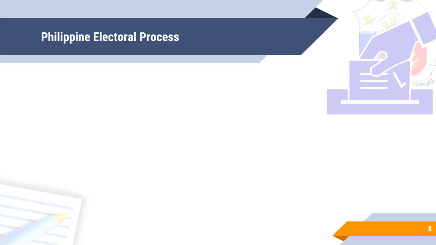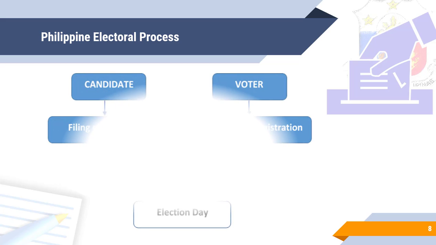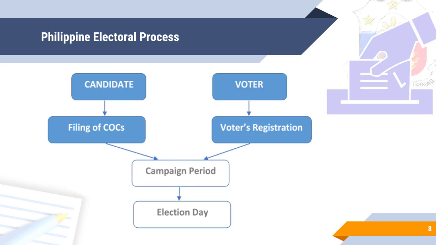The Philippine electoral process. Philippine elections are held both at the national and local levels. The election process involves the participation of both the candidates and the voters. The candidate expresses his formal intention of running for a position by filing his certificate of candidacy, or COC, to the COMELEC. Not everyone who files a COC gets a spot on the electoral race.